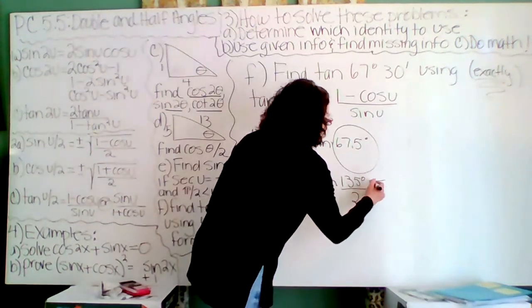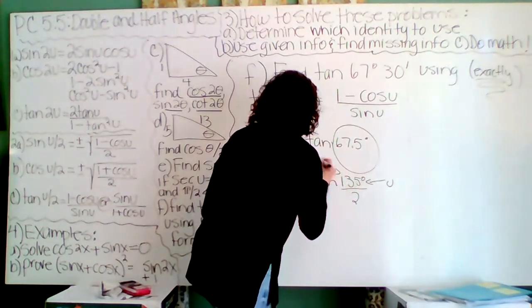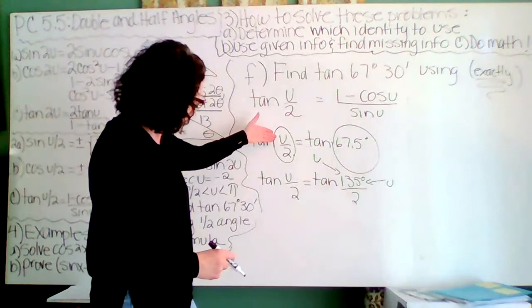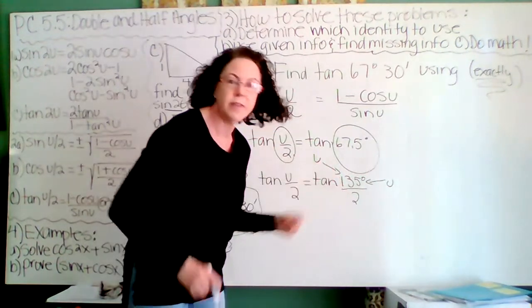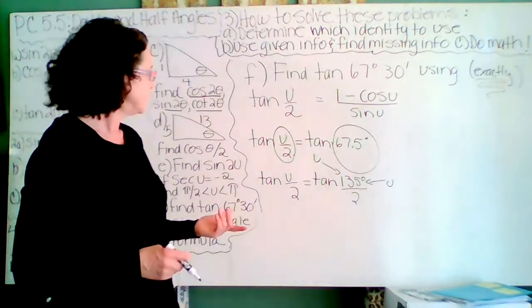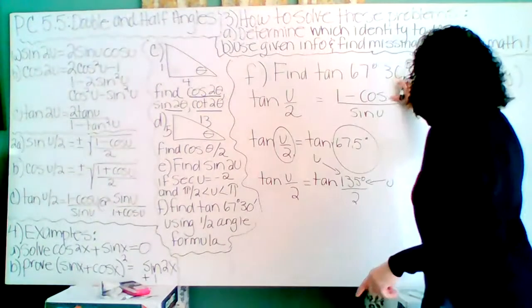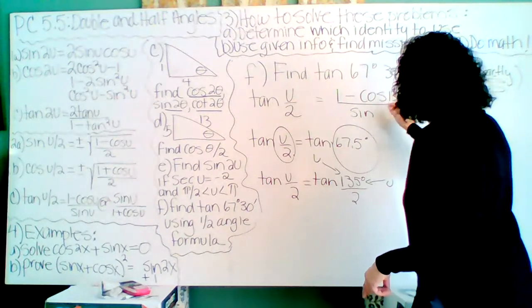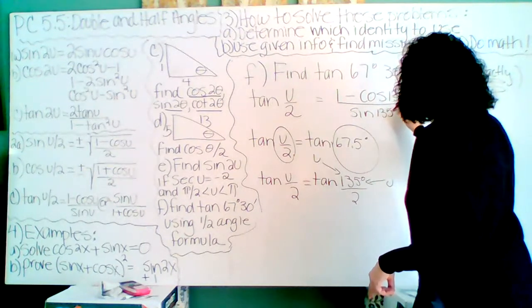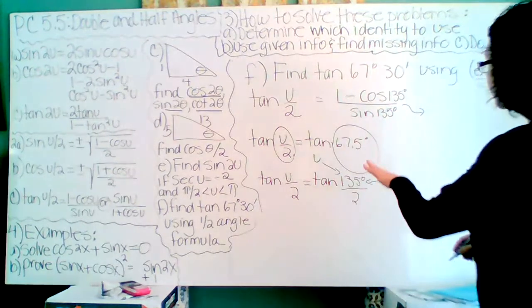But now I can see my u, right? Some u is some angle divided by 2. In my case, it's 135 divided by 2. Okay, let's put the 135 in here. Okay, this is perfectly correct.